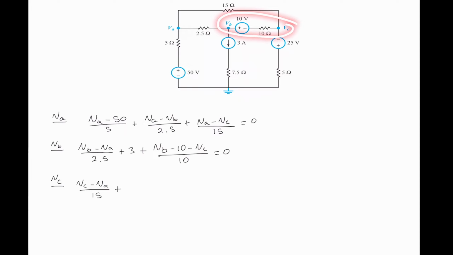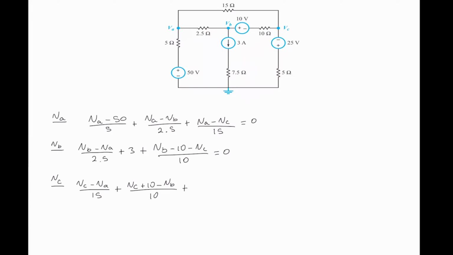We're just doing it in reverse. So VC with reference to VB, and let's put the voltage in the middle as well. From VC, we're seeing a negative terminal, so VC minus a negative is positive. So VC plus 10 volts minus VB, and that's all over 10 ohms.